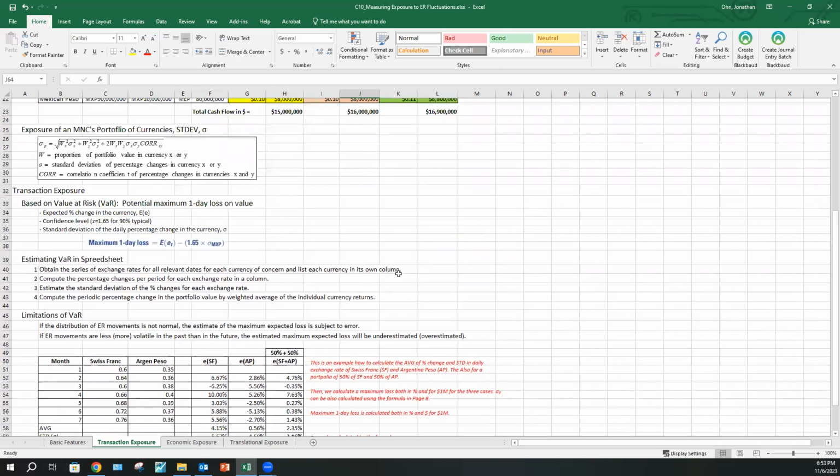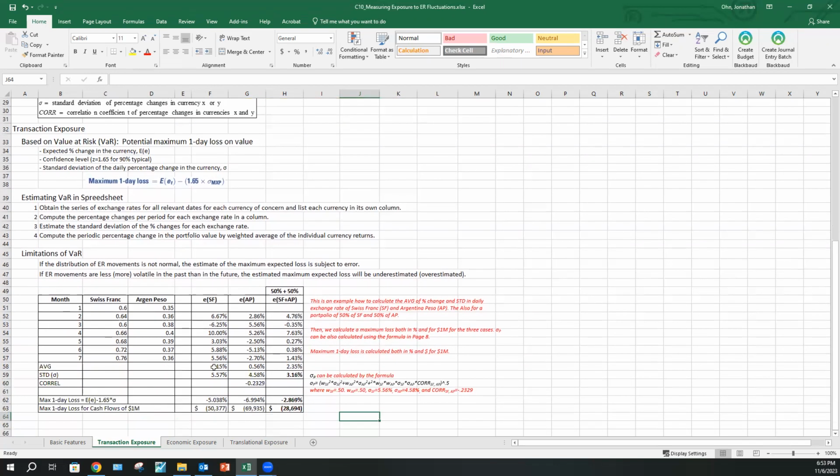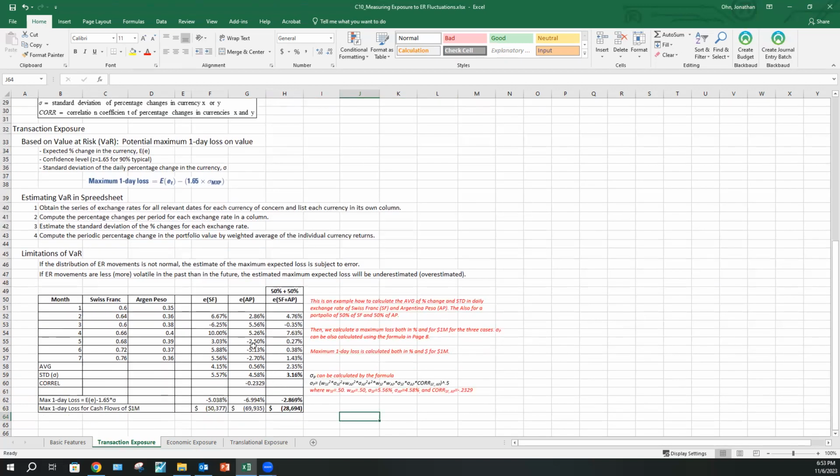We are given the weights of 50-50%, the standard deviation of each, 5.57% and 4.58%, and the correlation coefficient. If we are given that, not the raw data, then this is the only way to calculate. So in that case, let me show you.